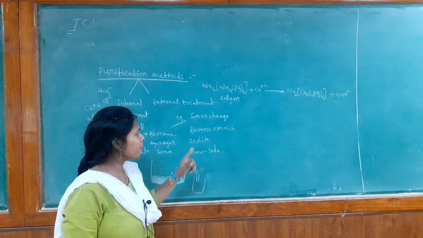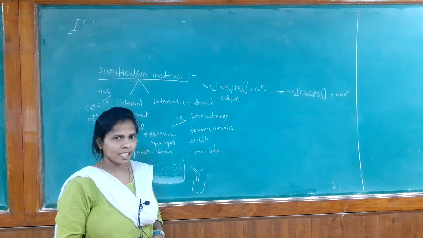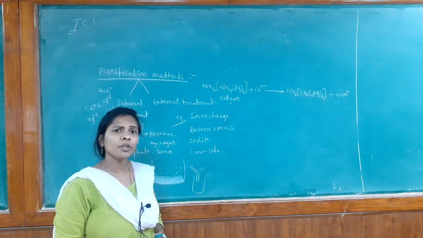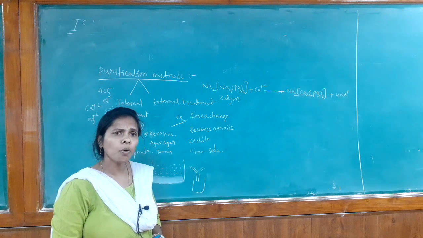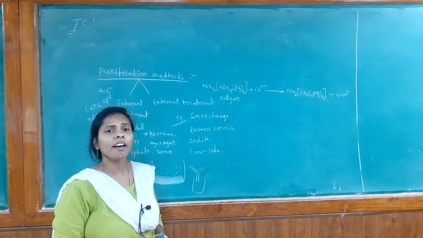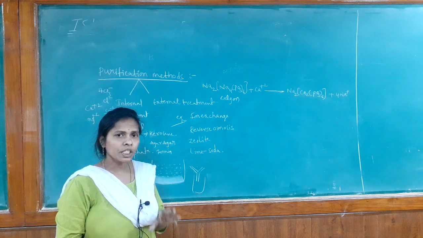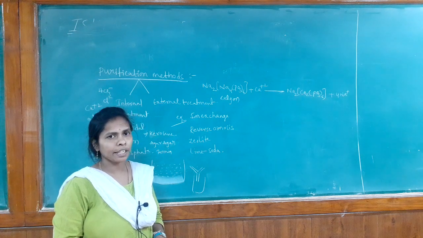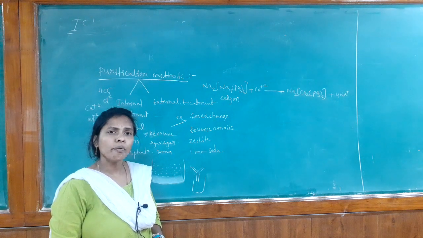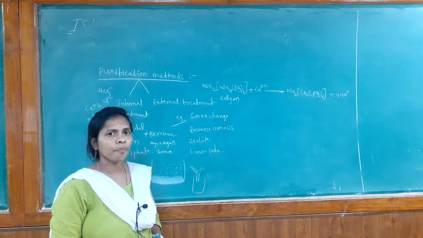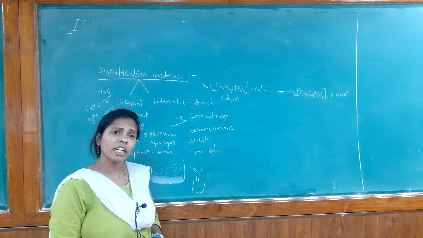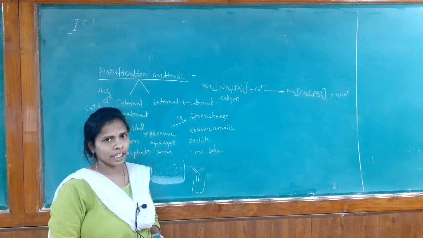Zeolite method is similar to the ion exchange method, but in the zeolite method we can remove only the cations, not anions. So we will get purified water, but this water is not as highly purified as in the ion exchange method.